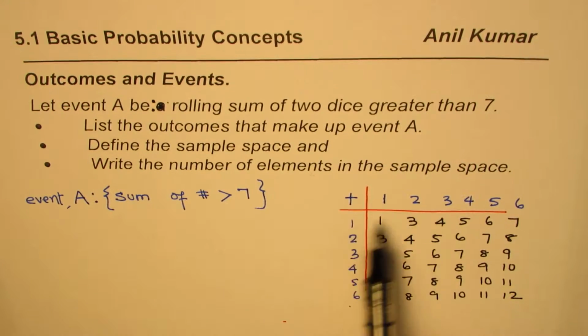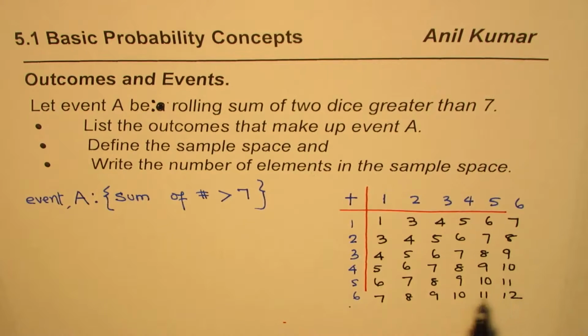So when we add the two numbers on the faces of the dice, we get the sums listed here in this table, right?